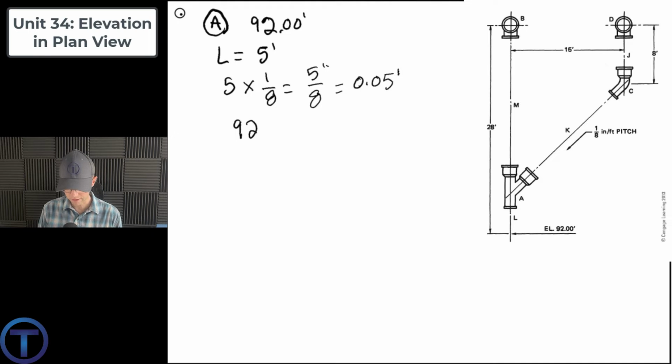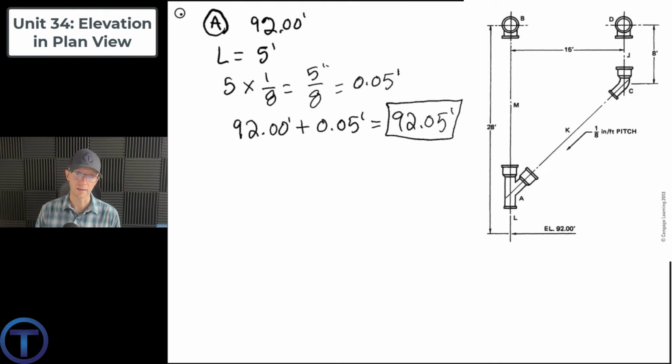So we start with our elevation, which is 92.00, and we add to that our 0.05. All of those are decimal feet. And that's going to give us 92.05 decimal feet. That's what we get for our elevation at point A.